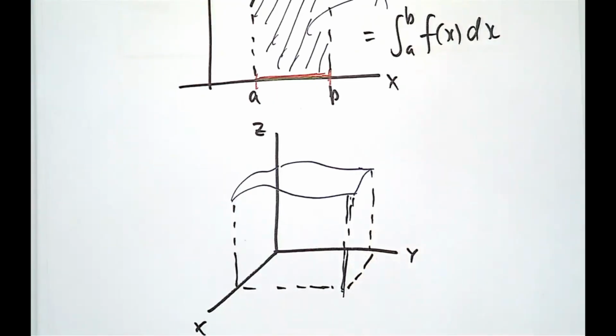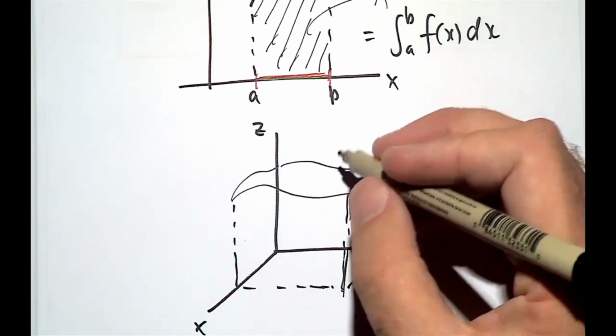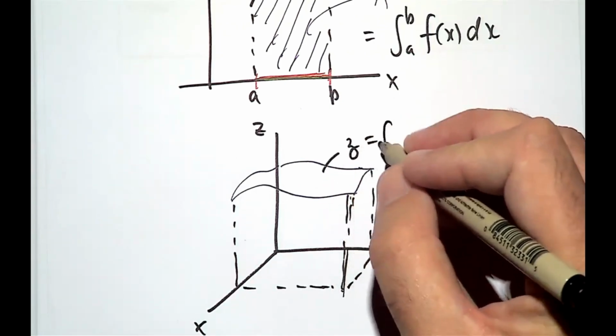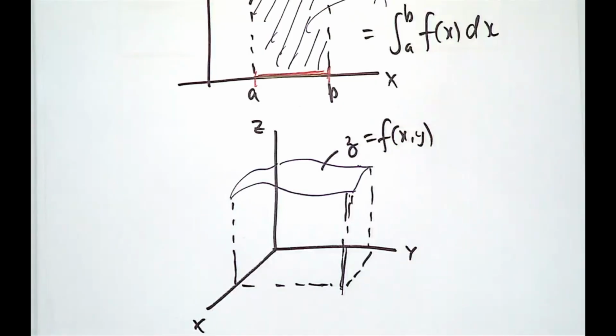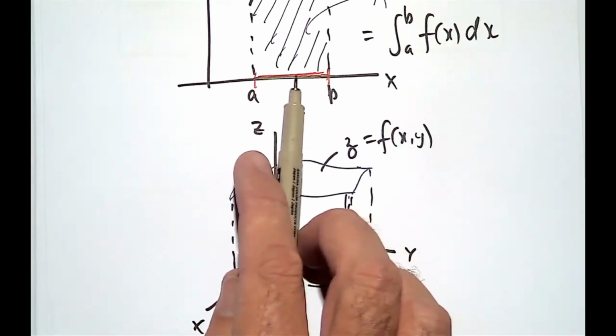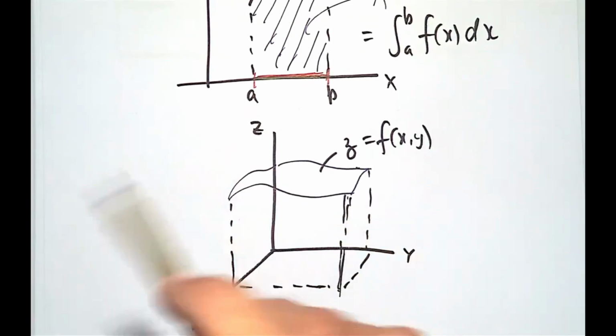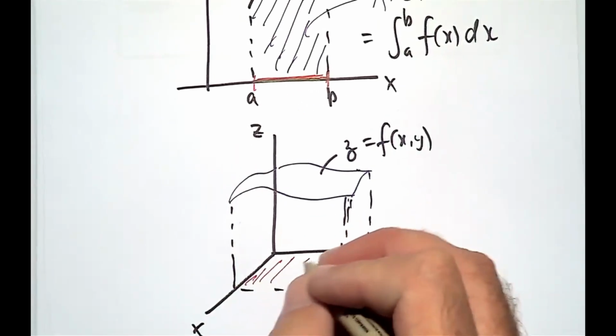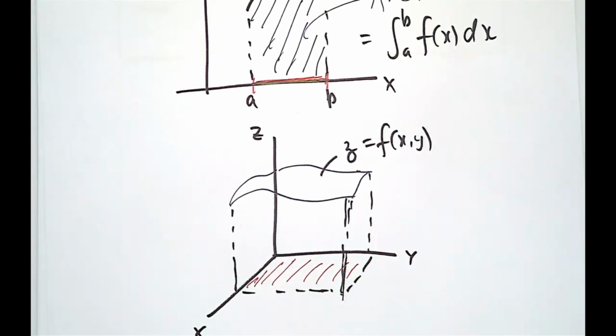Okay, a little bit rough, but you get the idea. This surface, or part of a surface, is now sitting above, let's say, a rectangle. And the rectangle is in the xy plane. Okay? So instead of this being the interval of interest, now you've got a two-dimensional thing. Okay?